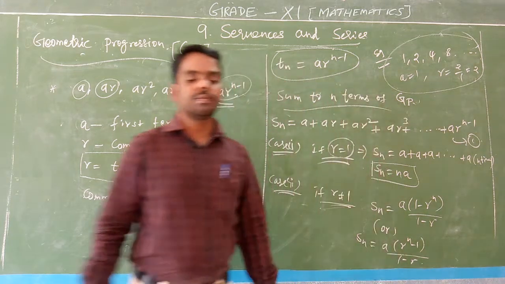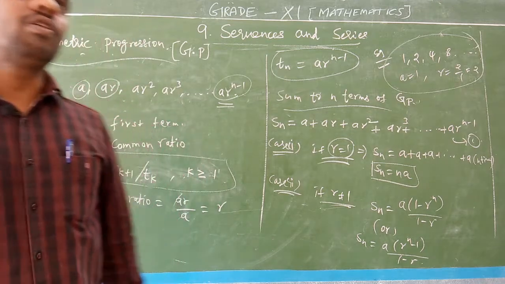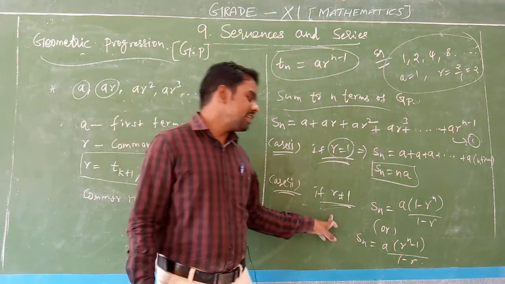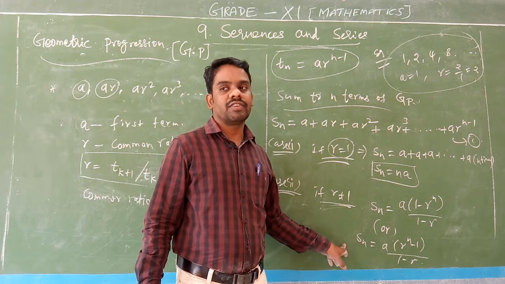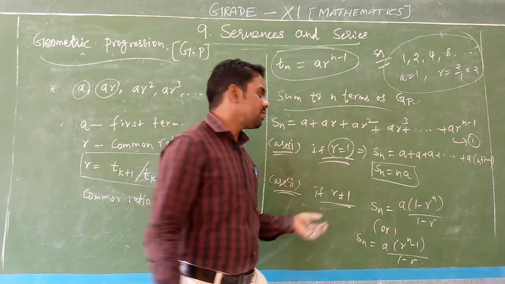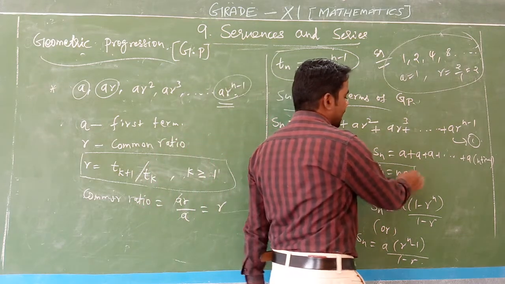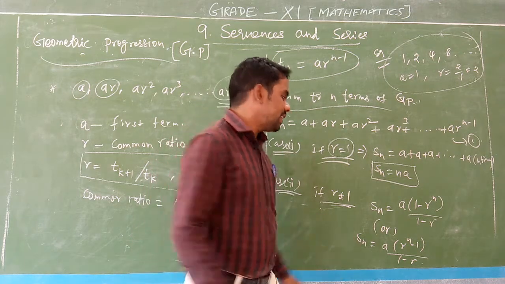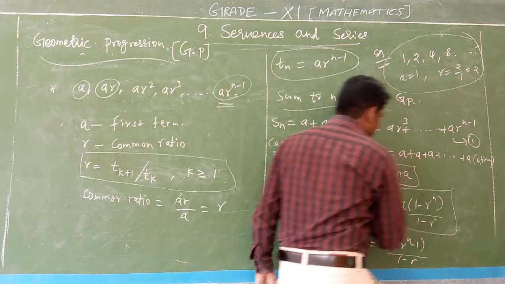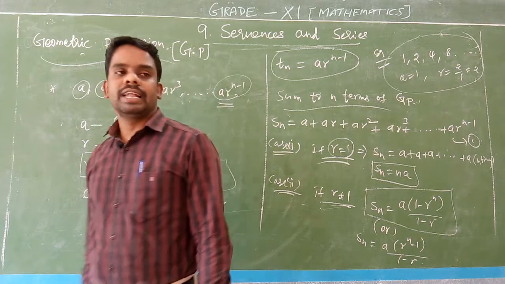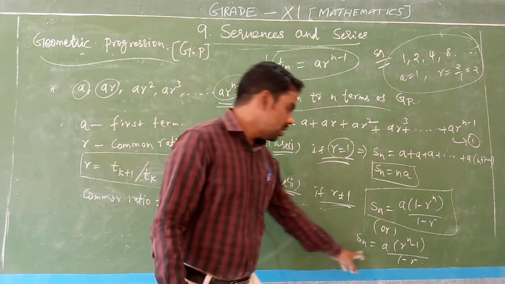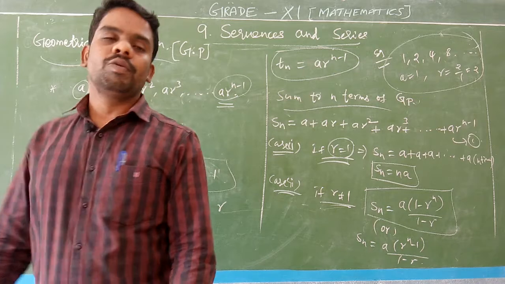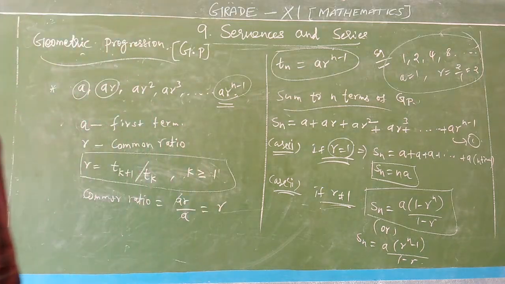This is the sum of n terms of a geometric progression when r is not equal to 1. Very, very important formula. If r equal to 1, the sum of n terms of GP is na, and if r is not equal to 1, the sum of n terms Sn is equal to a of 1 minus r power n divided by 1 minus r, or a of r power n minus 1 divided by r minus 1.